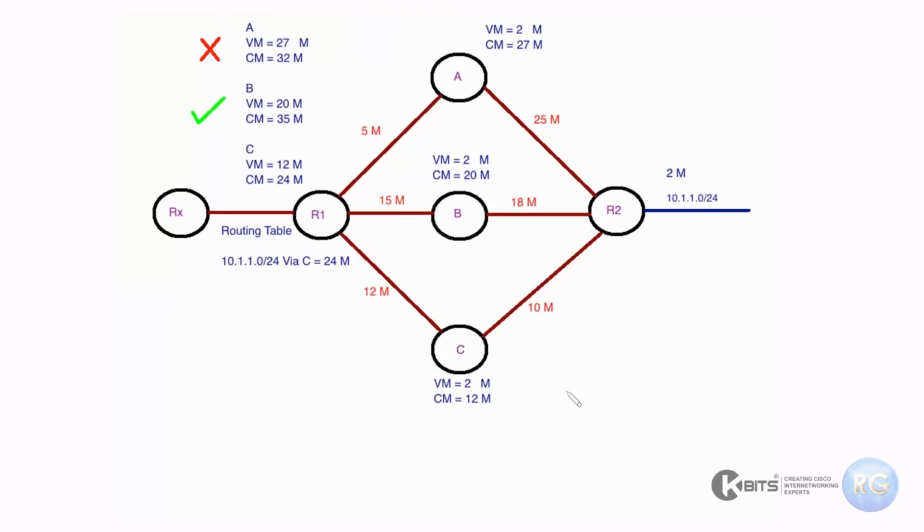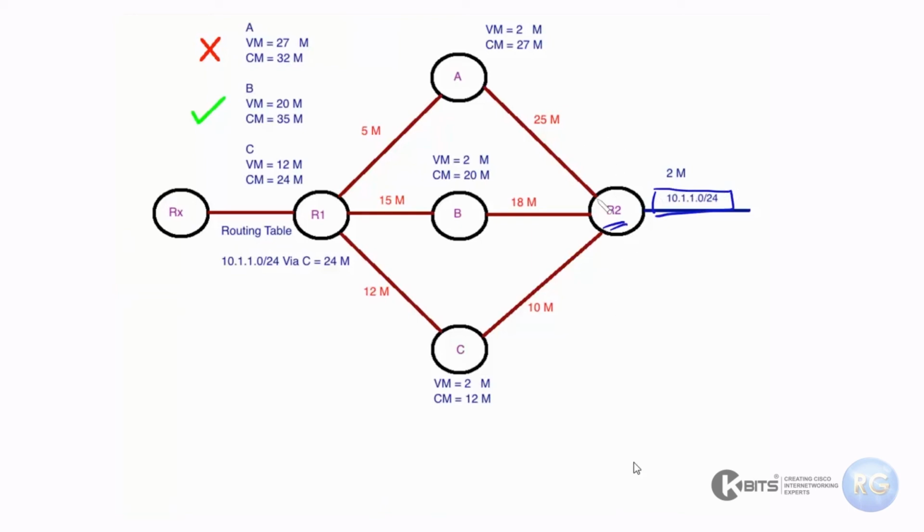You remember when we did the metric calculation of bandwidth and delay? We would get large numbers. Remember that? We got 6 million somewhere, 2 million somewhere, 20 million other places. Now, what I'm doing over here is simulating this network 10.1.1.0, which is behind R2.